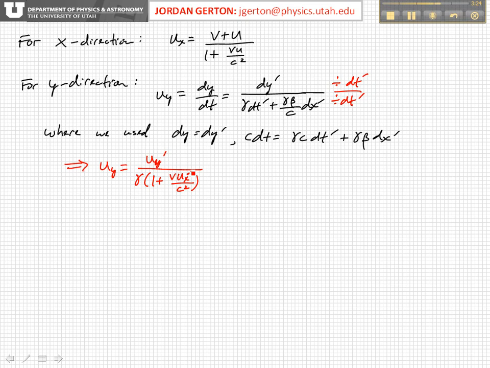So we see that the measured y velocity value actually involves the x component of the velocity of the object in the primed frame. That's interesting. The other thing is that I should probably rewrite this to be more general.